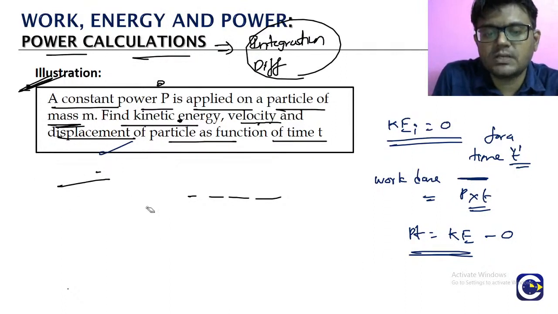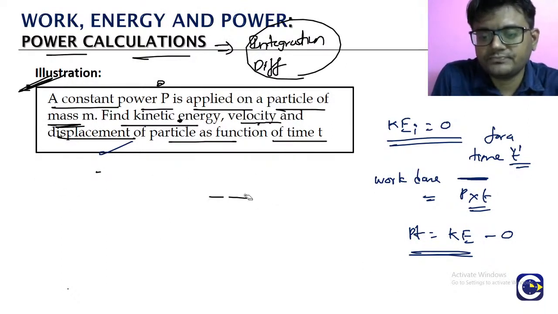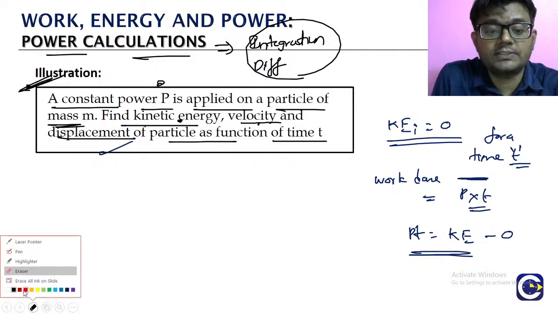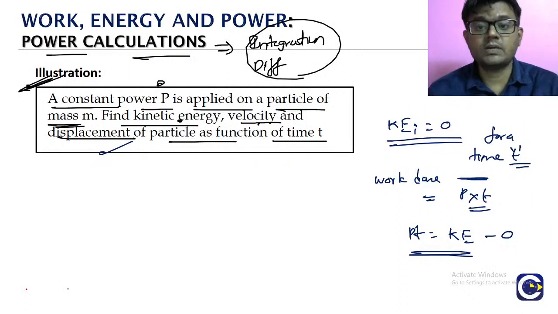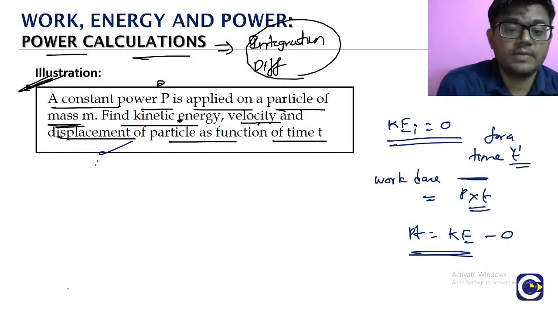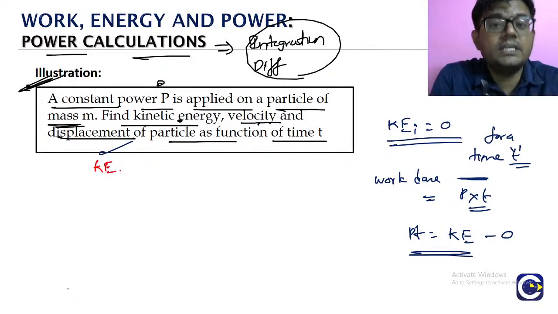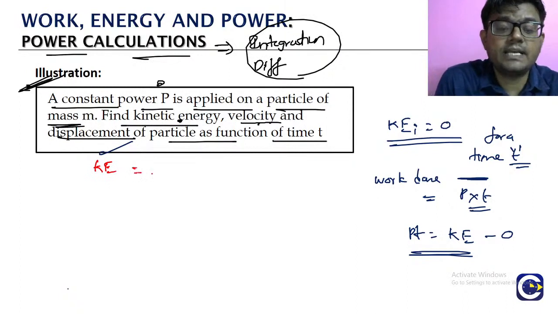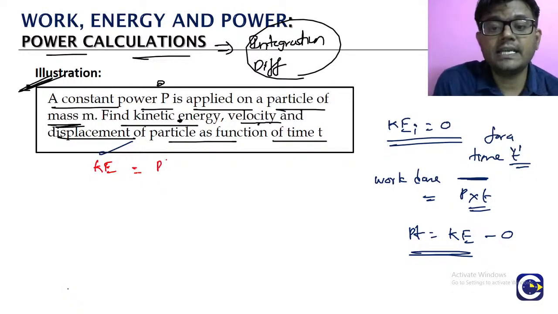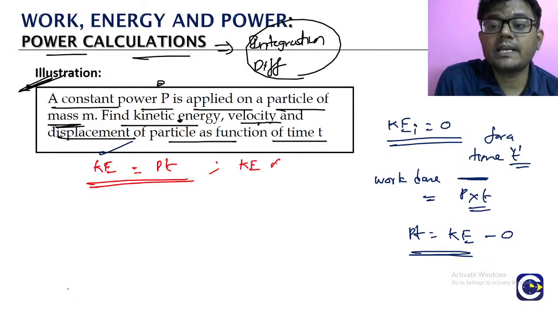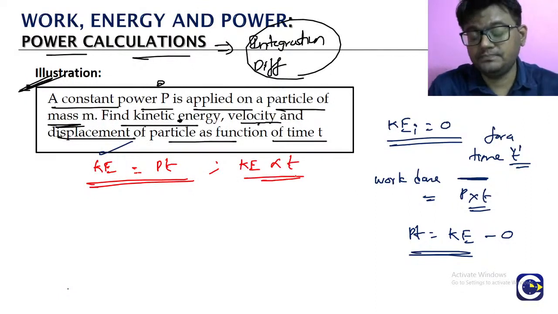We are just using the work-energy theorem: the work done by this force, which is giving the constant power, is equal to the change in kinetic energy. Because our assumption is that it starts from rest, we get the first function: the kinetic energy is equal to P into t. So the conclusion is that kinetic energy is directly proportional to time.